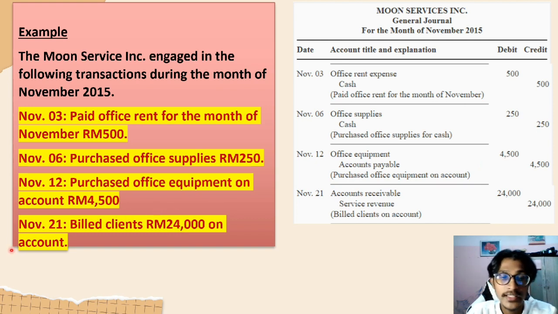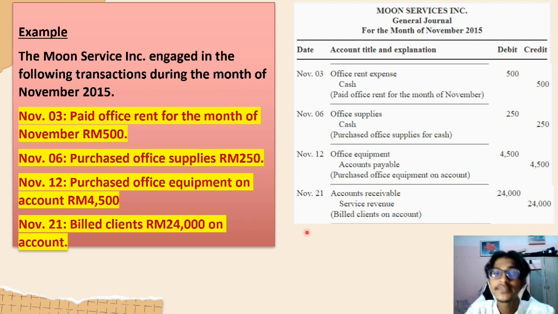And lastly, November 21st, bill client 24,000 on account. The accounts involved in this transaction are accounts receivable and service revenue. The debit and credit amount is 24,000, the narration is bill clients on account, and the date is November 21.